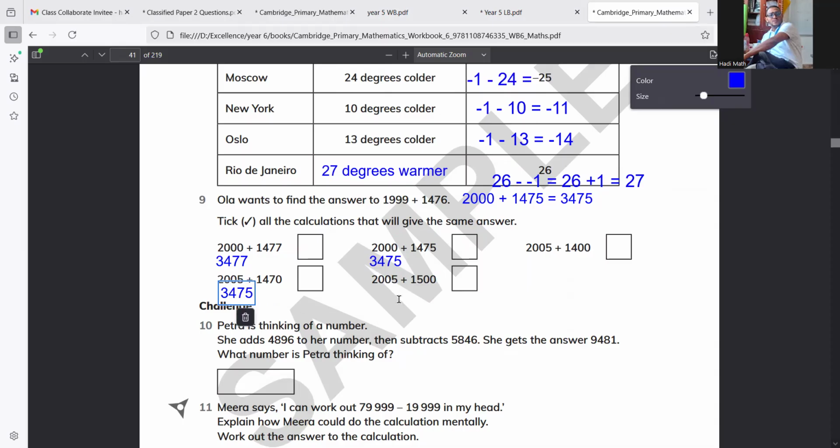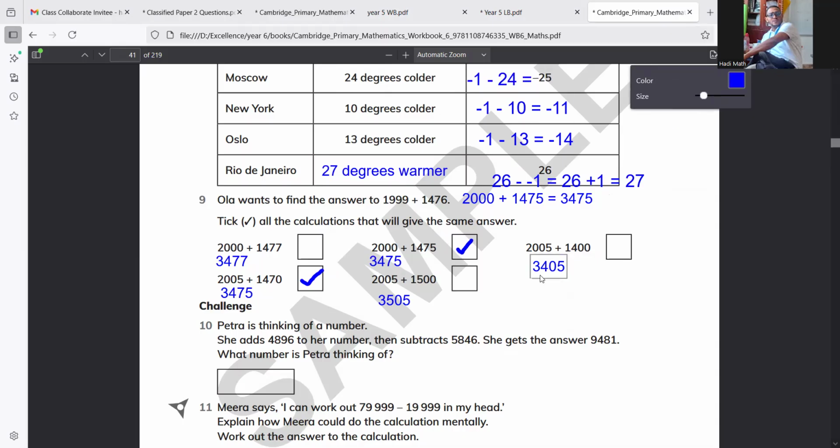This will give you 2,000, 3,405. And this will give you 3,405. So you think those are correct? This one, yes. You will take this one. It can give you the same answer. And this one will give you the same answer. That's all.